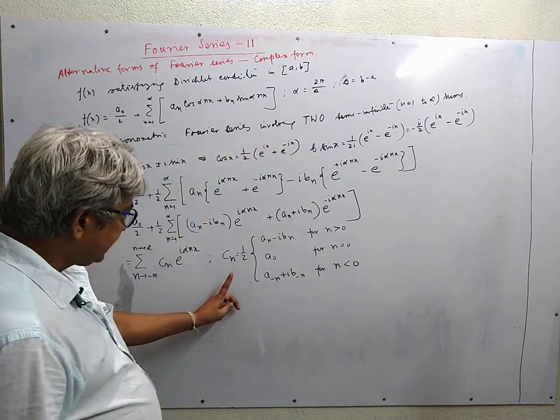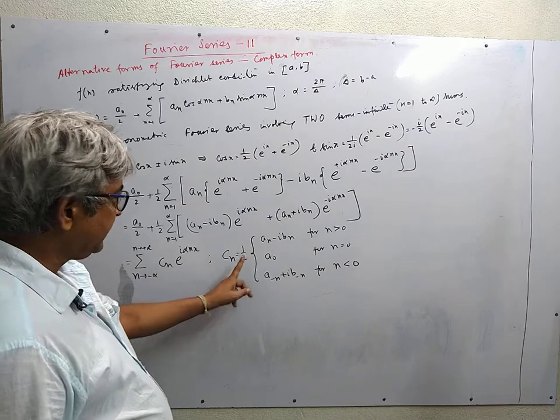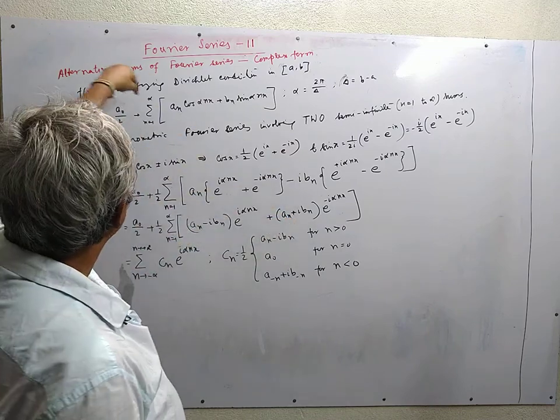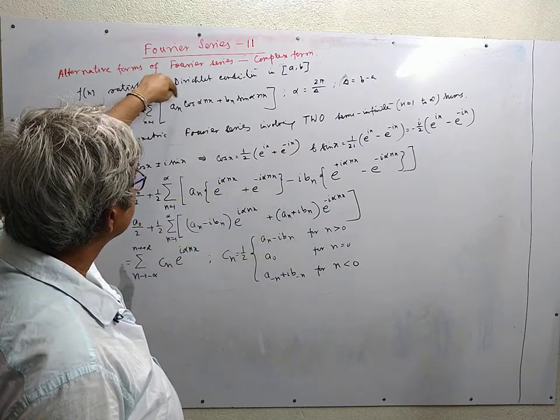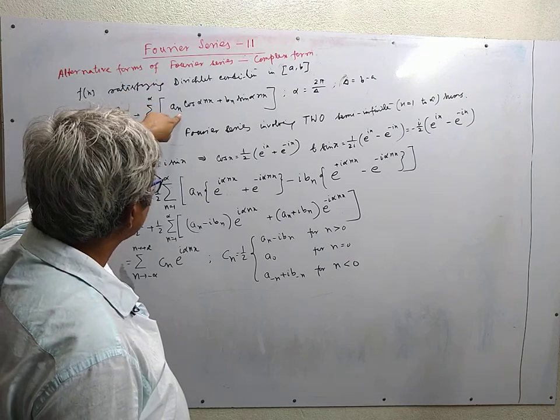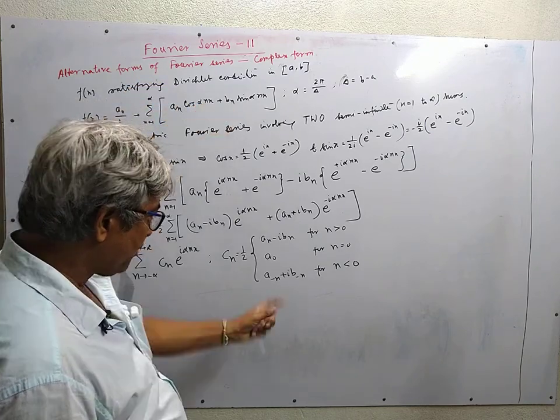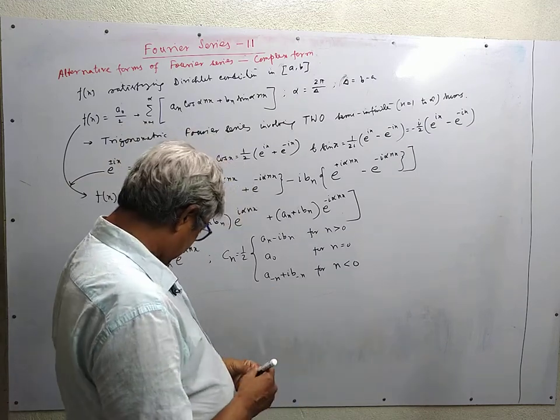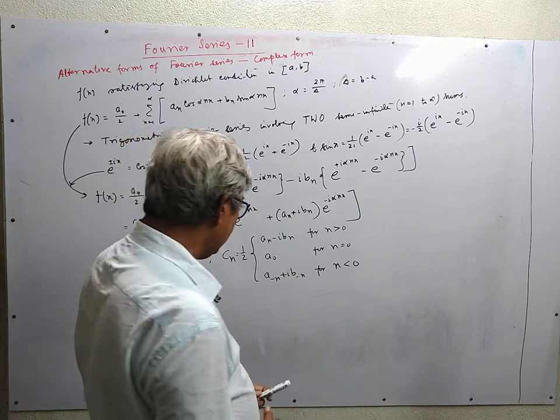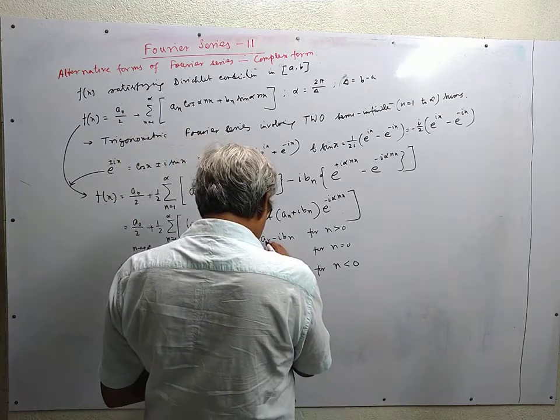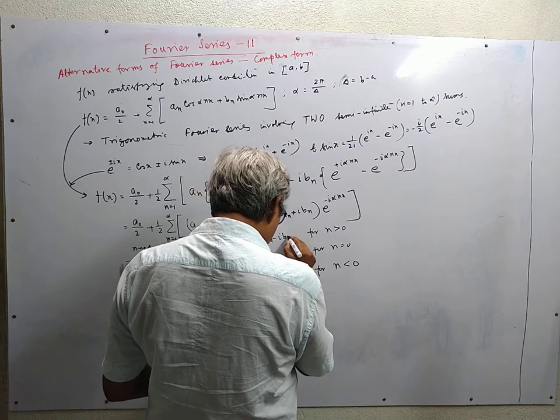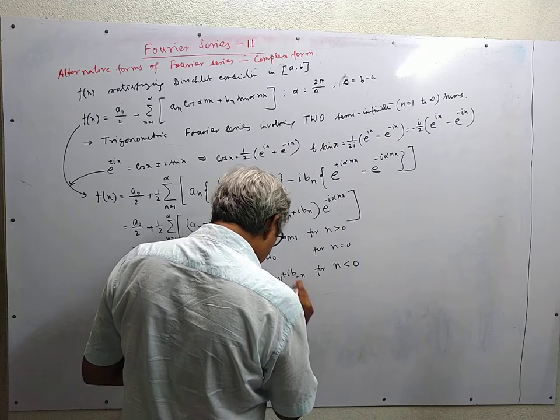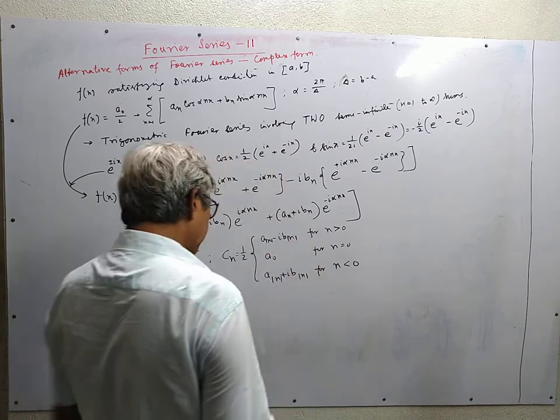If we write c of minus 5, then it would involve a of minus 5 and b of minus 5. But in trigonometric Fourier series, there is no minus subscript of an and bn. So to avoid this, we have written in this fashion. A better way of writing is to put the modulus sign. So this can be written as, this is a better way of writing these things.